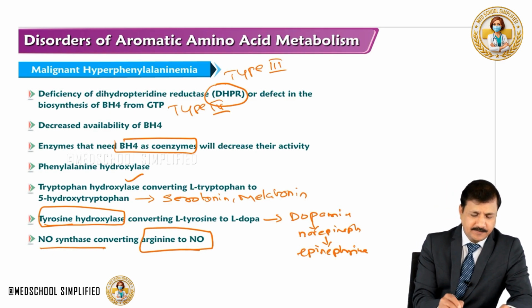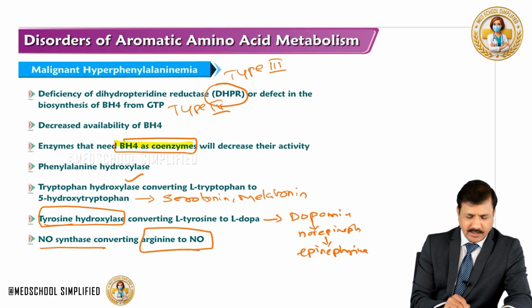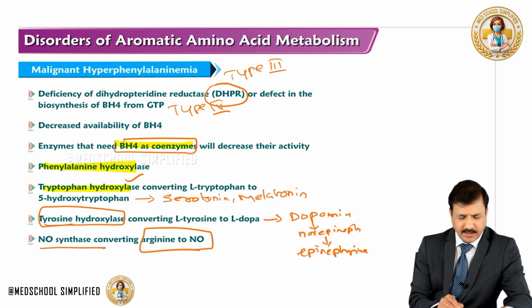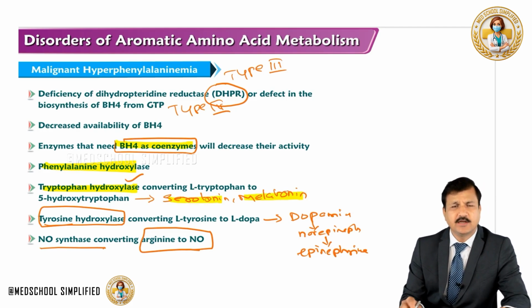So the point here is tetrahydrobiopterin is not only required for phenylalanine hydroxylase, it is also required for tryptophan hydroxylase, which is involved in the formation of serotonin and melatonin, two neurotransmitters there.